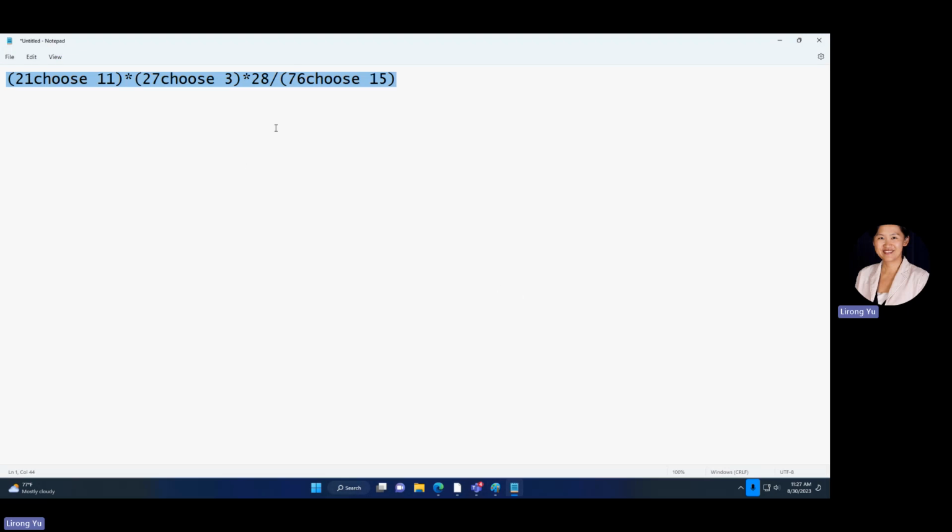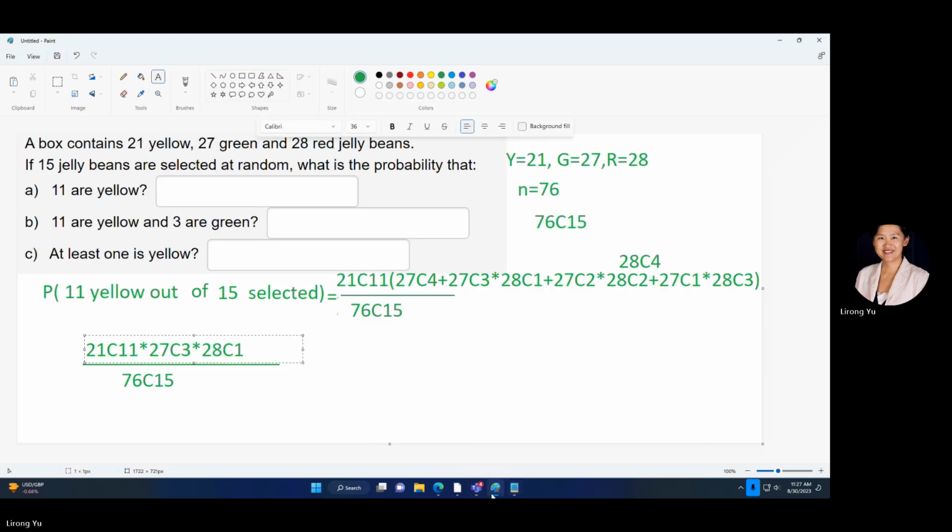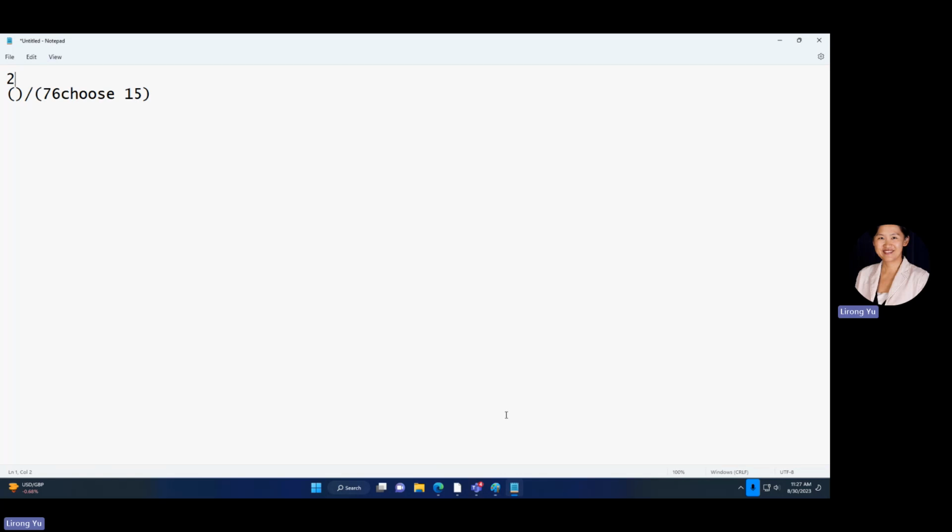The denominator is still going to be 76 choose 15. Now for the numerator, we are no longer considering yellow, only green and red. We have 27 green and 28 red.